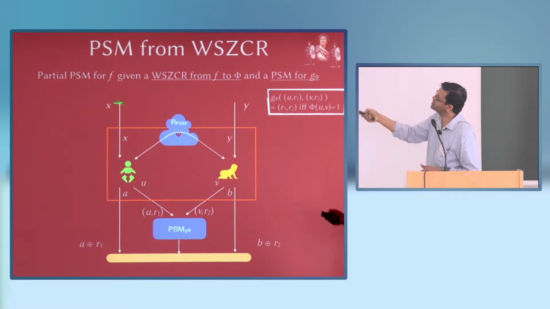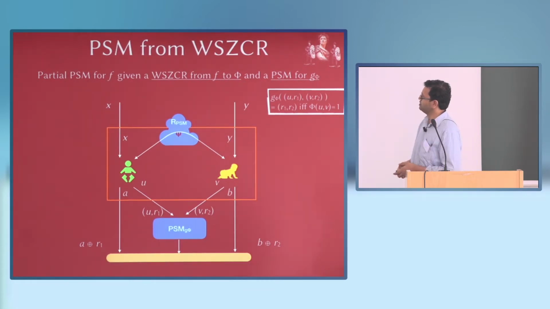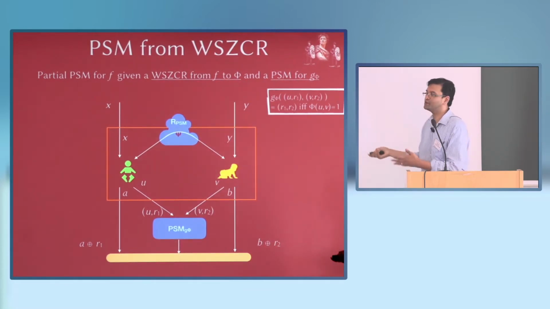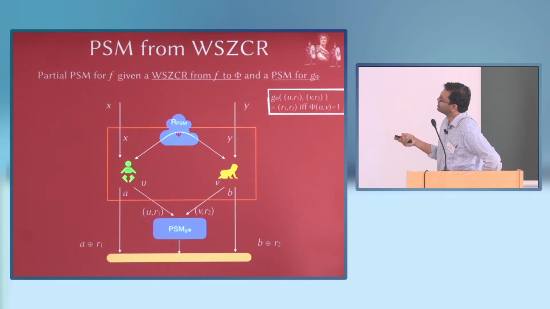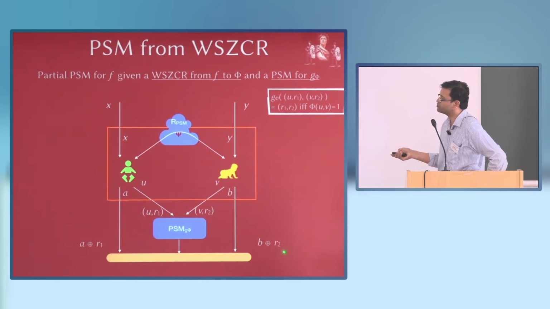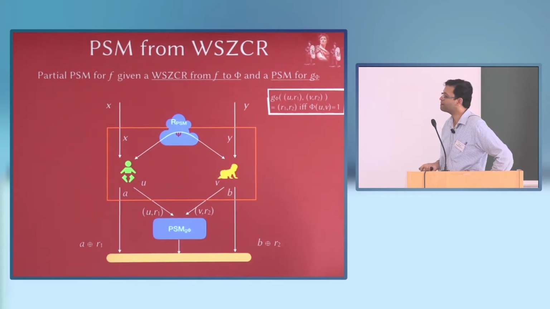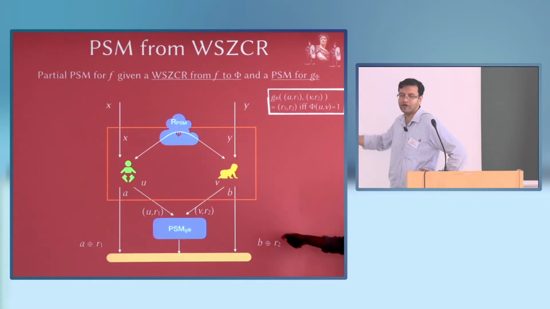So what does the new PSM look like? Again, it's very simple. It doesn't look particularly deep. Basically, they just run the weak ZCR along with some random pairs R1, R2, which are used to mask their outputs.